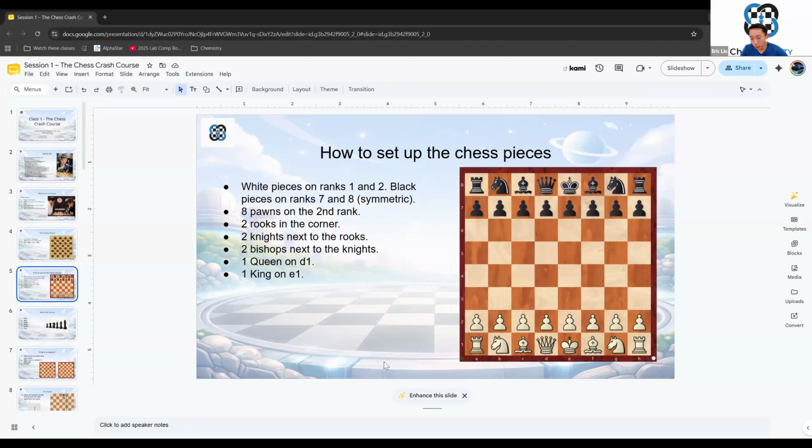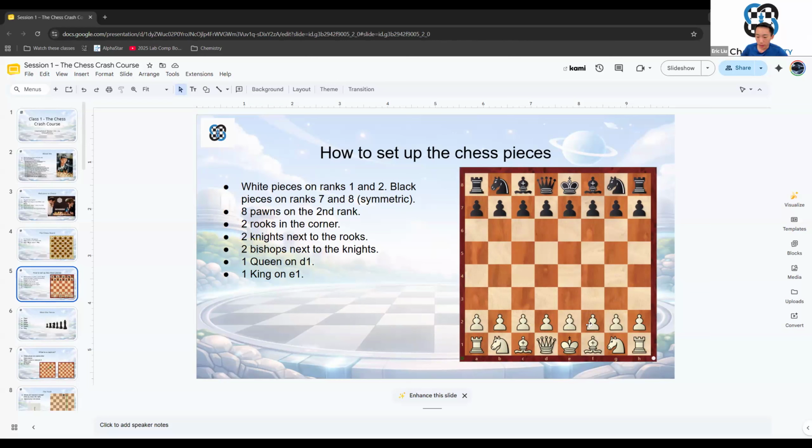So white is on the bottom. White's on the first and second rank. Remember, rank means row. So you see this says 1 and this says 2. White is on rank 1 and rank 2. Black is on rank 7 and rank 8. So that's what you need to remember.